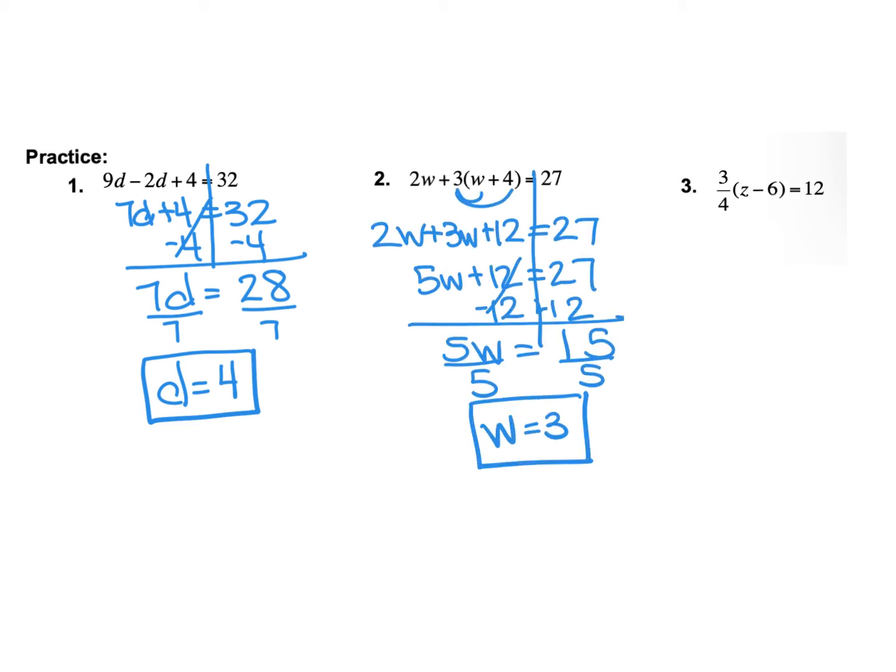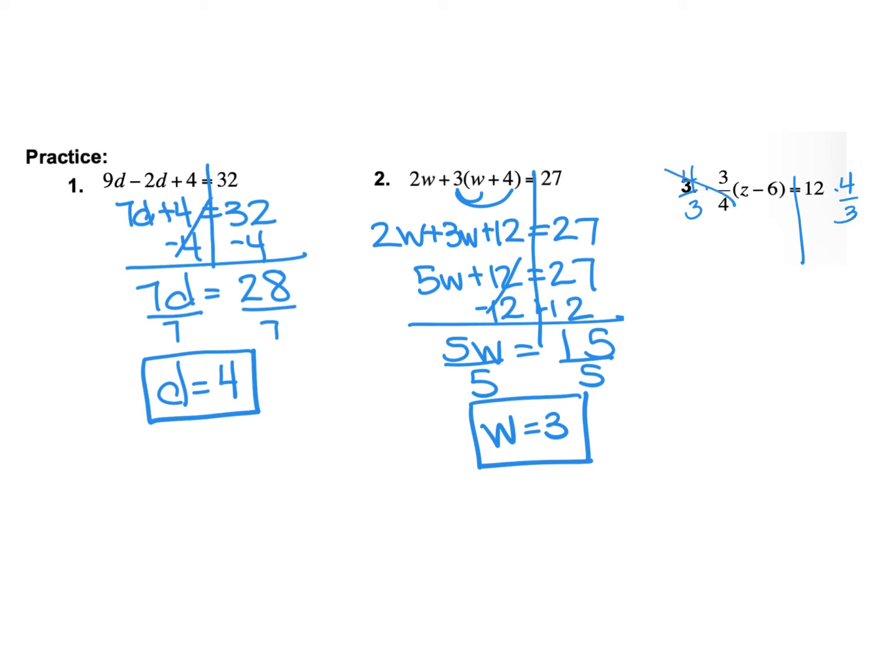All right, at number 3 here, again, you could distribute. It's just going to be way easier, especially for this one, because you're going to end up with 2 fractions in there, and it's way easier to just undo that fraction. And what I'm looking at is that 3/4 is multiplying the variable. And so I'm going to undo that by multiplying by the reciprocal, dividing, and dividing a fraction is the same thing as multiplying by a reciprocal.